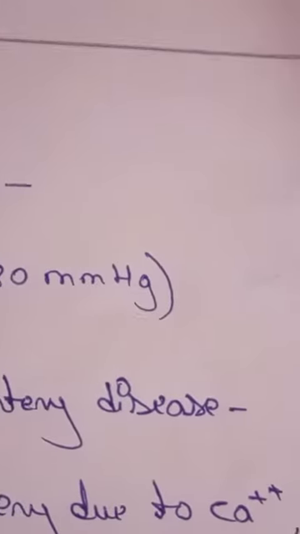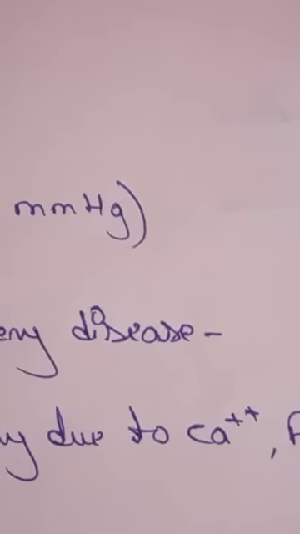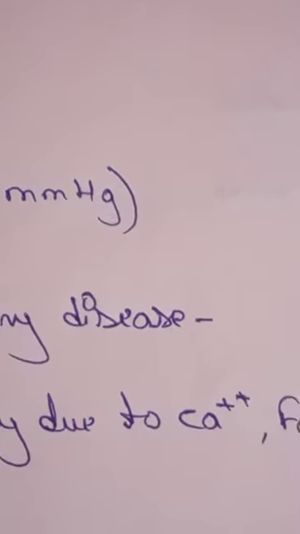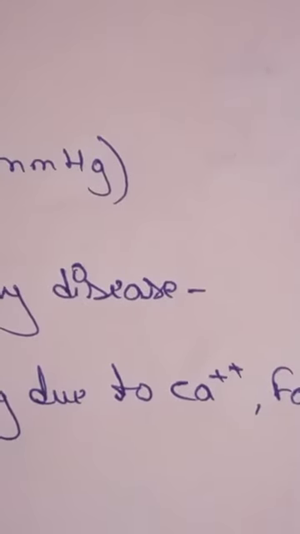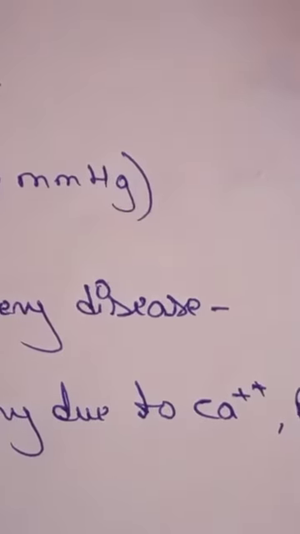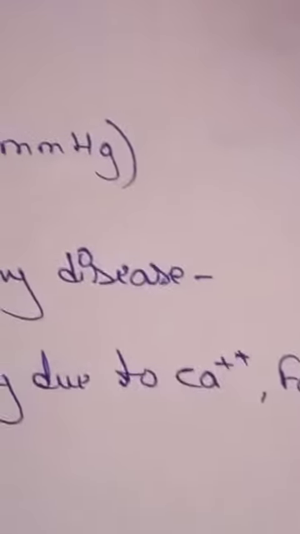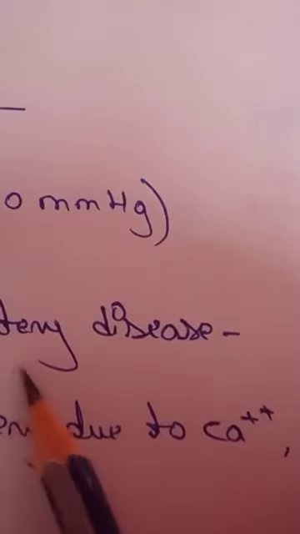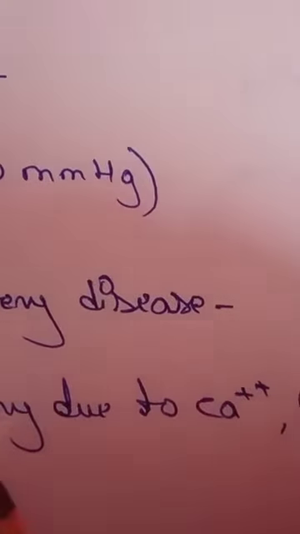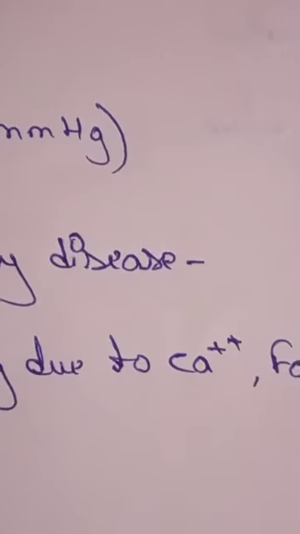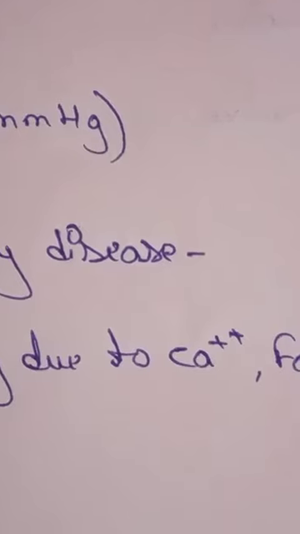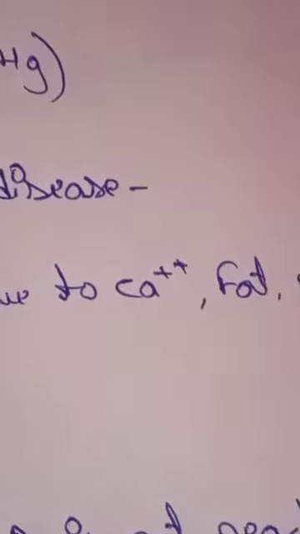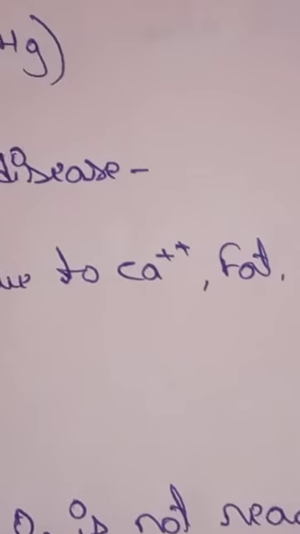Now the disorders. Hypertension: when hypertension occurs, the BP is high. Normal BP is 120 by 80 mm Hg. Coronary artery disease means narrowing of the arteries due to calcium, fat deposition or cholesterol; arteries become narrow due to an excess amount of cholesterol.